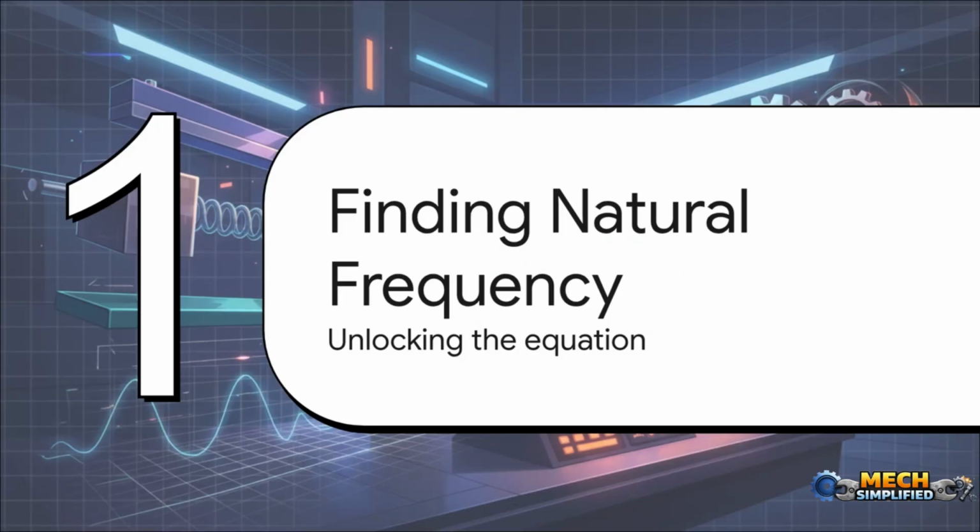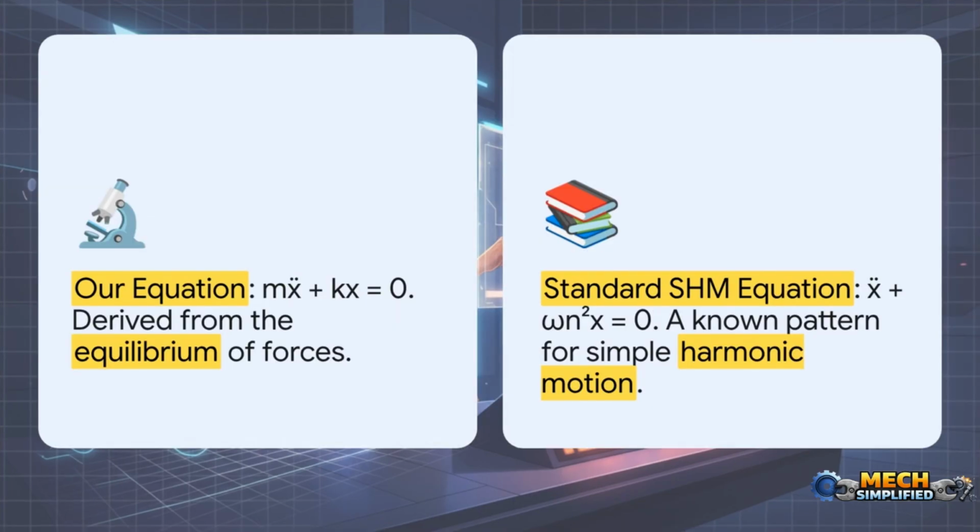So, this elegant equation, it's our key. And now we're going to use it to unlock what we've been after all along, the system's natural frequency. This is where the predictive power is. So how do we solve it? Well, here's the great part. We don't have to reinvent the wheel. Physicists figured this out a long time ago. Look at our equation on the left. Now look at the standard textbook equation for something called simple harmonic motion on the right.